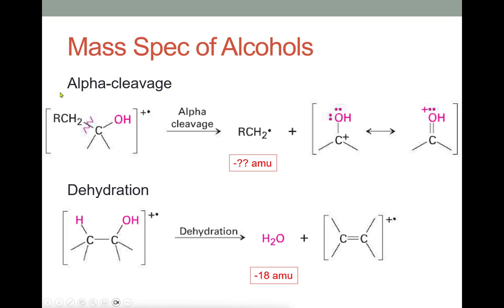The way it's shown, we're just showing that we're breaking off this alcohol carbon from the rest of the chain. And so we lose some fragment. Of course, that depends on what this R group is. But we're left with a particularly stable carbonyl alcohol kind of a radical, which is why this happens in the first place. Dehydration is shown there very much like an elimination reaction that you're used to from previous chapters, just in this case, sort of instigated by a high energy blast.